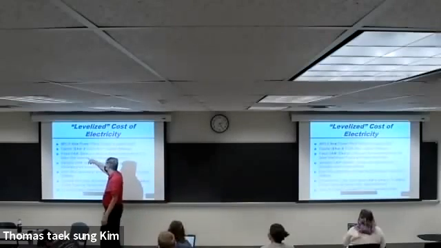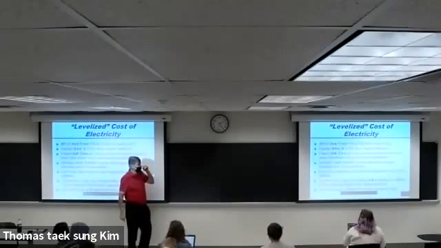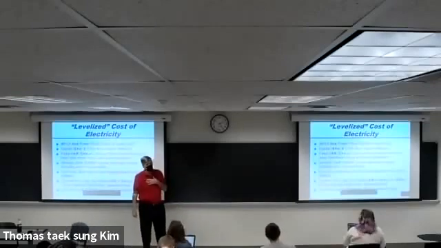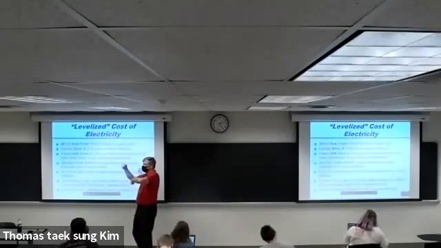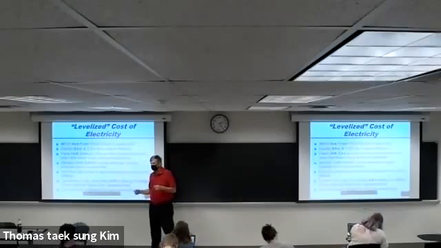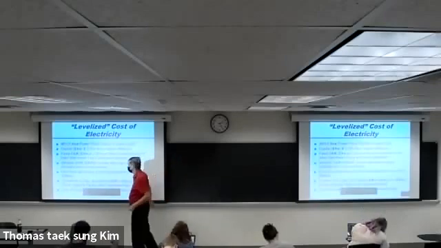First one's pretty obvious. It's the capital, right? How many dollars does it cost to build that plant? That's construction costs. Sometimes it's interest costs that you roll into construction because you have to borrow some money in the short term, just during the construction period.